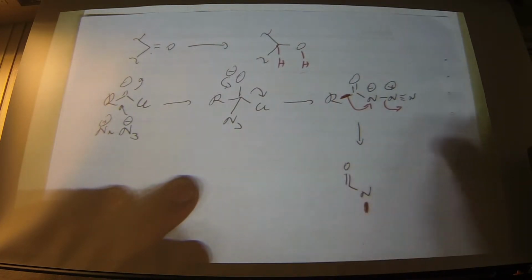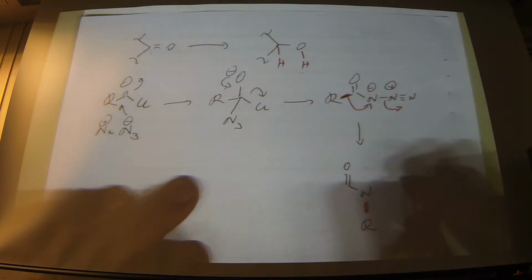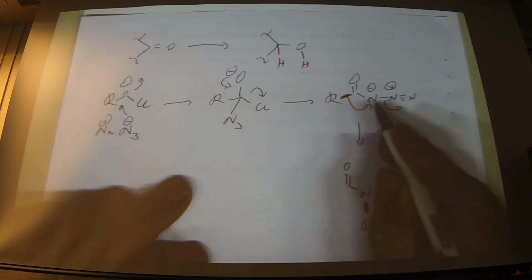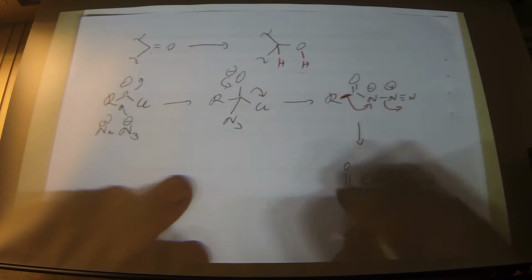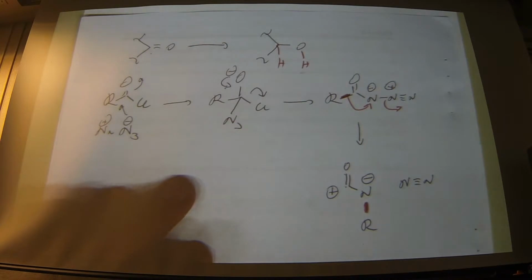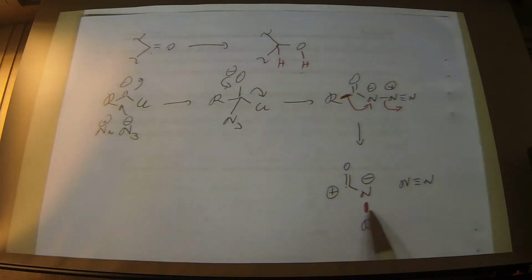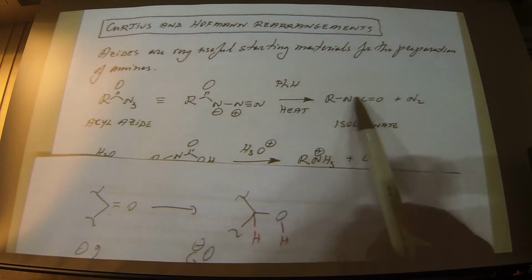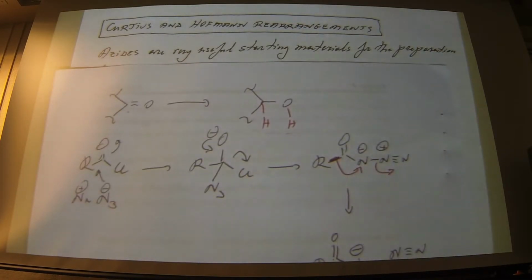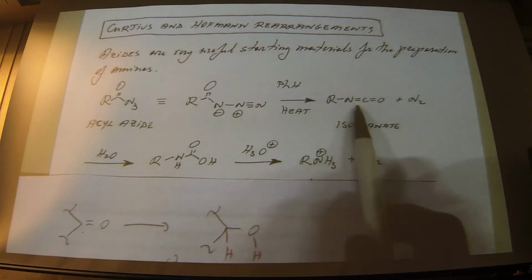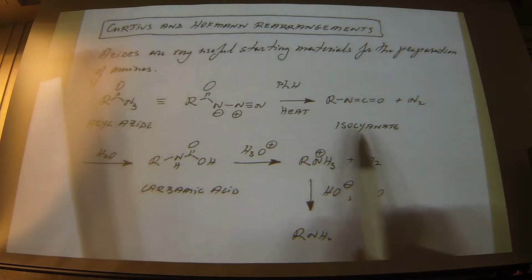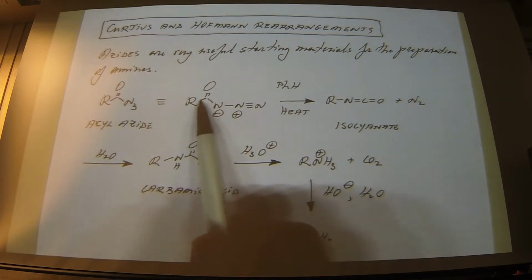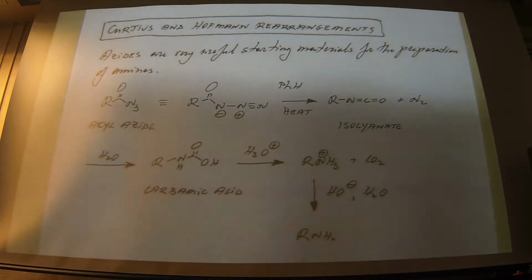There's the migrating electron pair, there's the R group, and here's N2. Now, this nitrogen gained an electron pair, lost an electron pair, so it's still negatively charged. This carbon would have to be positively charged. And this is an unstable resonance structure of, you guessed it, that. You don't end up with this charged species, you end up with that, because it's a concerted process. And so you form the isocyanate just by migration of this R group to the nitrogen atom with loss of N2.